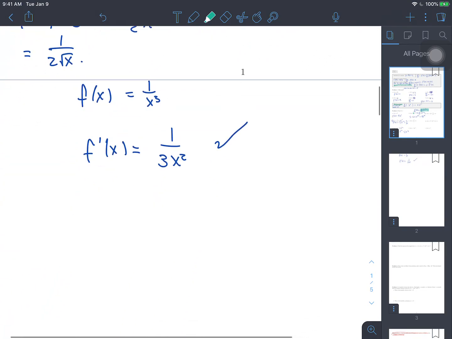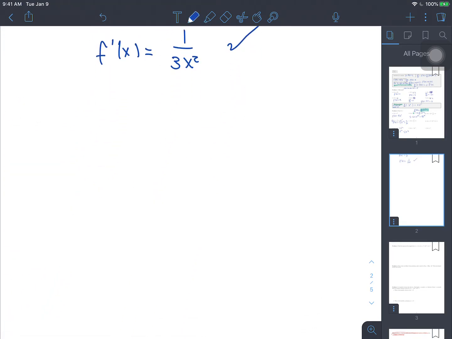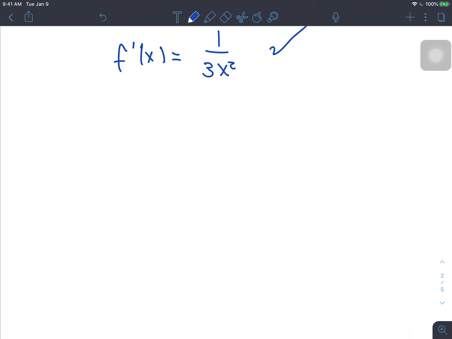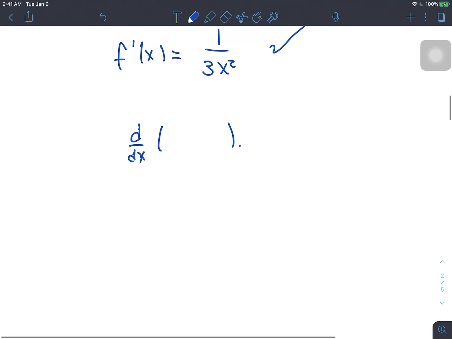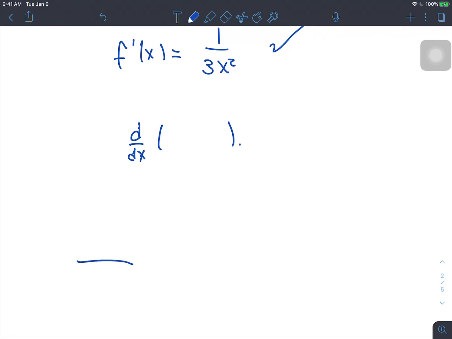What this d dx thing is called, well, the fancy mathematical word we have for it is linear operator. It's an operator in the sense that it's kind of like our conveyor belt, like a box.